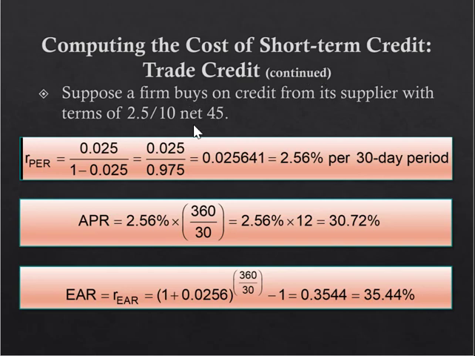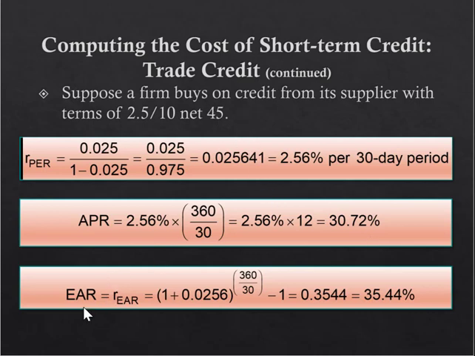The annual percentage rate on that is 2.56% times 360 over 30, so times 12. 2.56% times 12 is 30.72%.